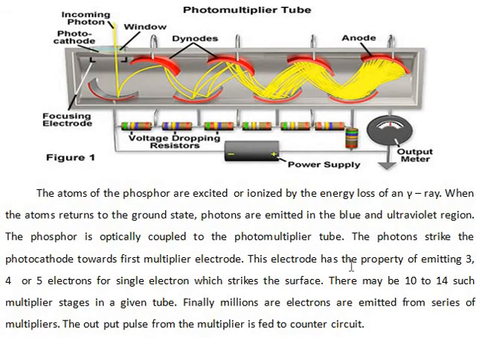This electrode has the property of emitting 3, 4 or 5 electrons for a single electron which strikes the surface. There may be 10 to 14 such multiplier stages in a given tube. Finally, millions of electrons are emitted through the series of multipliers.